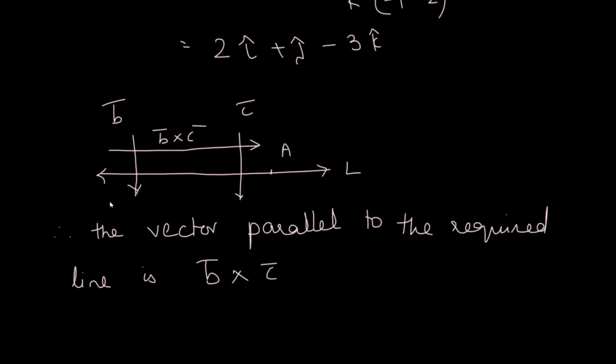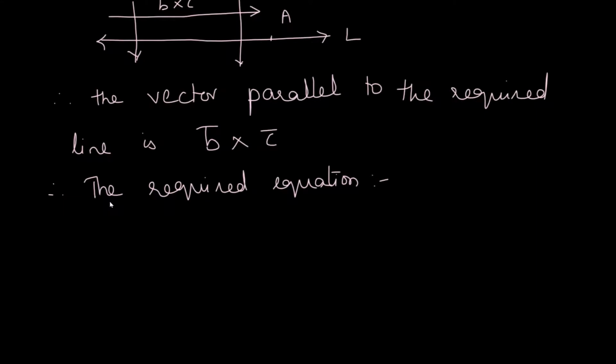And therefore the required equation of the line is given as r bar is equal to a bar plus lambda, and instead of b, we will write b cross c. Now we only have to substitute the values.